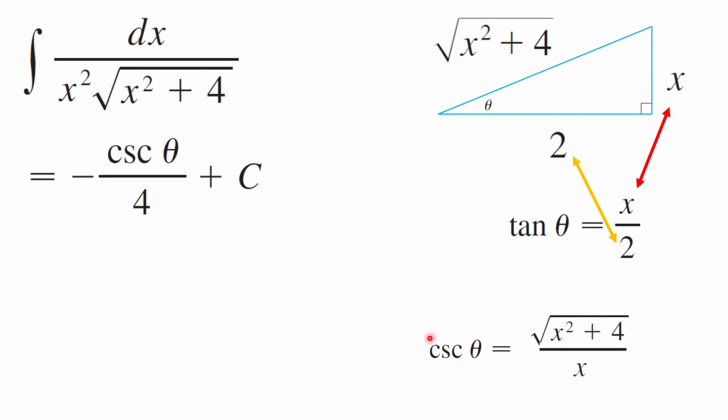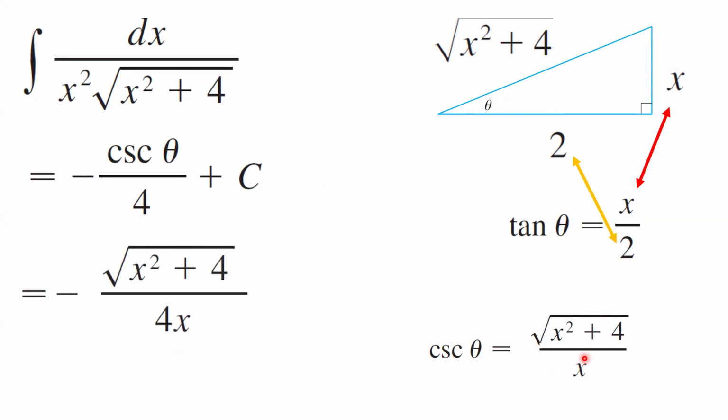Cosecant is 1 over sine, right? So you have your hypotenuse divided by x, the length in front of theta. So we have cosecant of theta in terms of x. Substitute everything, and you get negative the square root of x squared plus 4 divided by 4x plus the constant of integration.